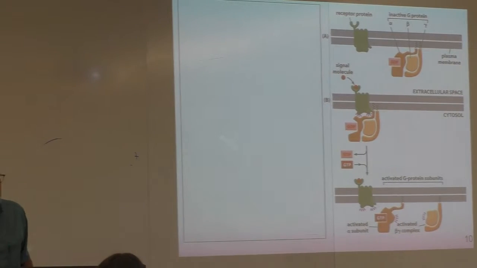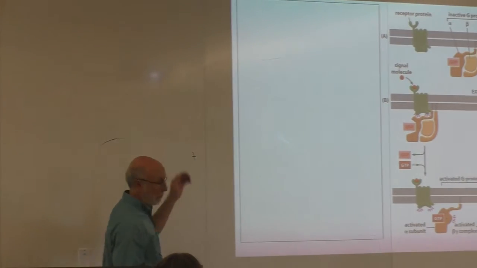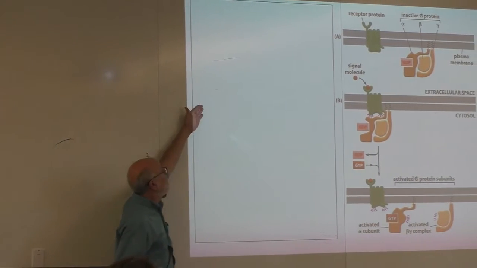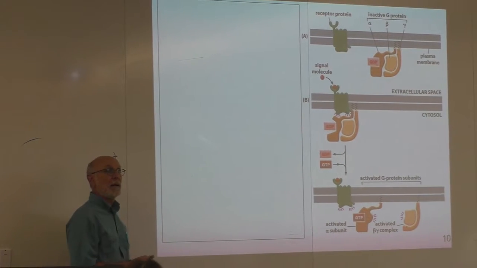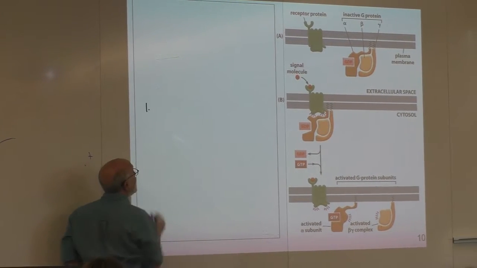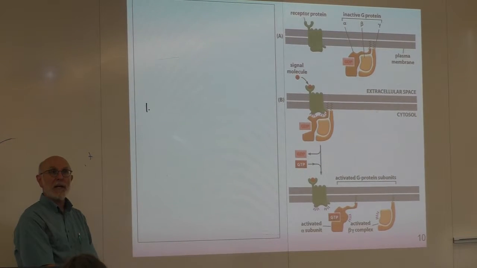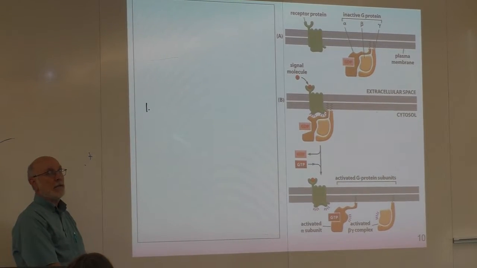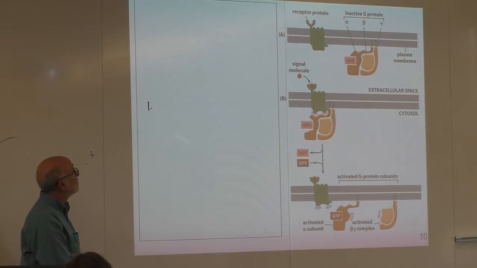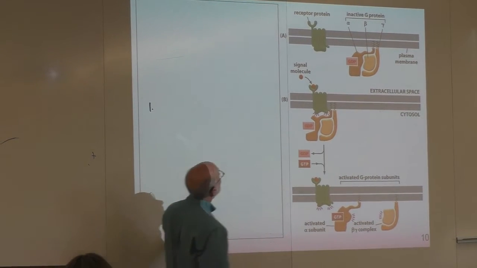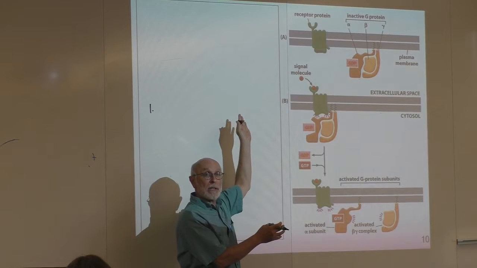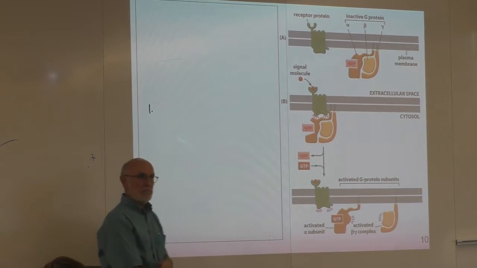So let's work together. I'm just going to start here because I can't reach all the way up. If we wanted to put into words what the cartoon is illustrating, what might be the first step? A is just setting up the components. B is the first step of the process.